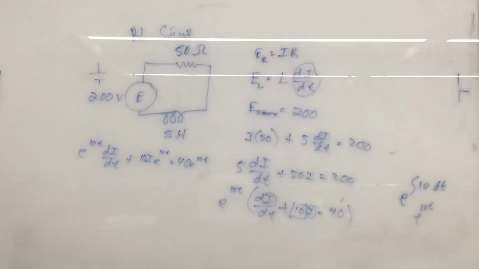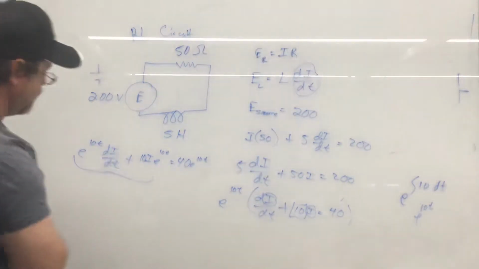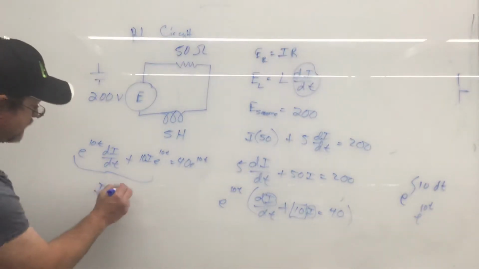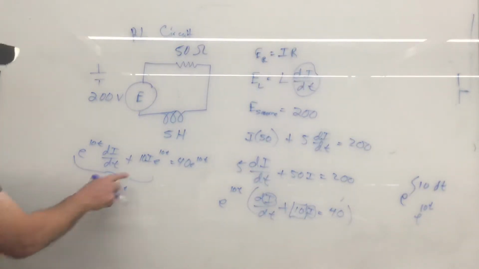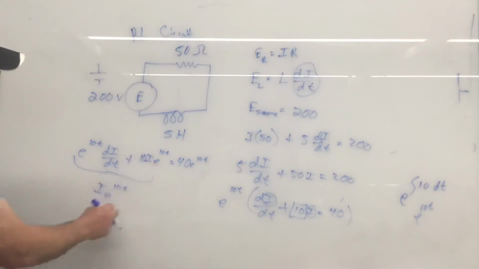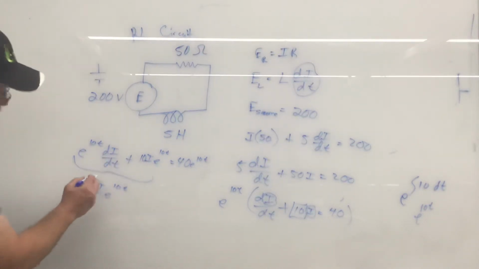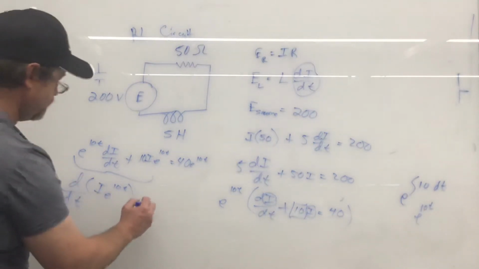As is the case anytime we do this integrating factor thing, what we have right here is I e to the 10t, where I have held the first and taken the derivative of the second, plus held the second and taken the derivative of the first. So that entire thing is the derivative with respect to t of that product.